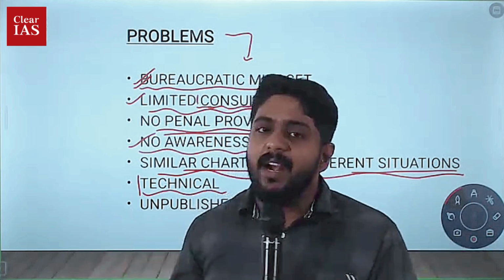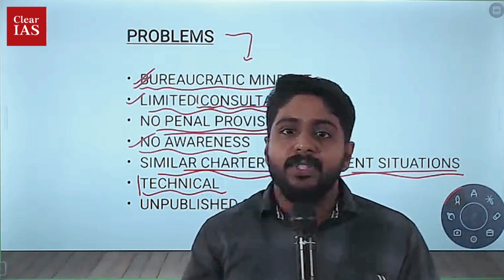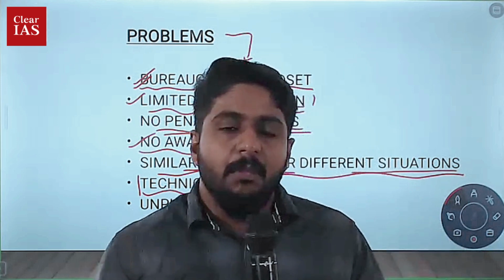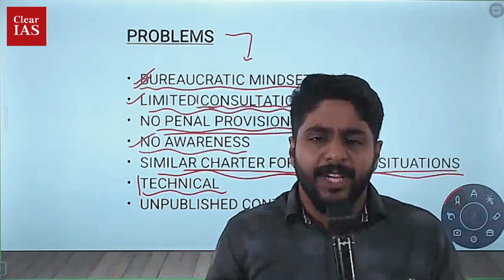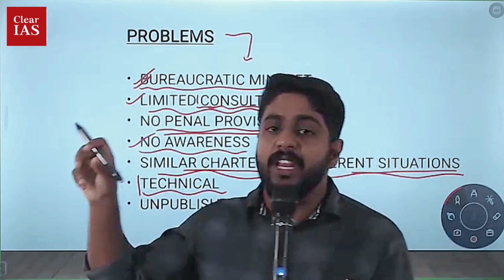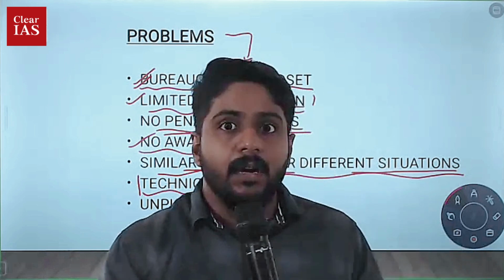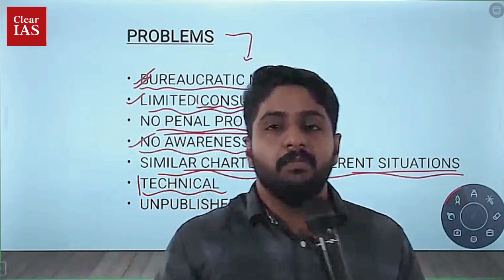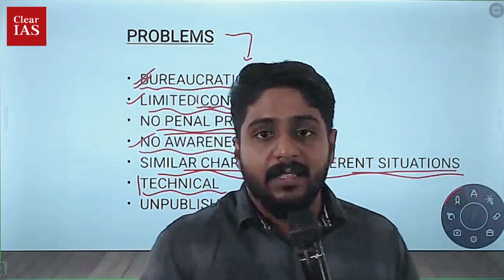How can you read it and understand whatever is provided in the Citizens Charter? For example, a person who approaches the post office might be an ordinary person. He might not have that good education. Leave aside the condition of the southern states, we are just speaking about the North Indian states. Even when it comes to the southern states, of course, we can't say that there is 10% literacy. No, that is not the exact scenario.